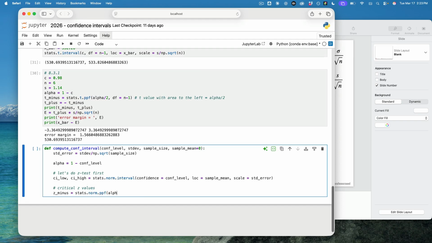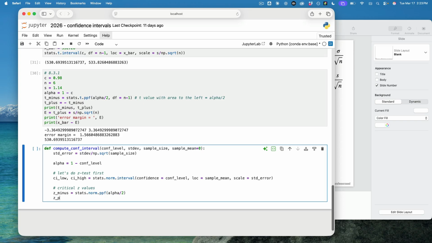Okay, and we give it alpha over 2, so that's going to give us a negative value, the z minus value, all right, alpha over 2. And then z plus is minus z minus. Agreed? Okay. So that's the z high value.